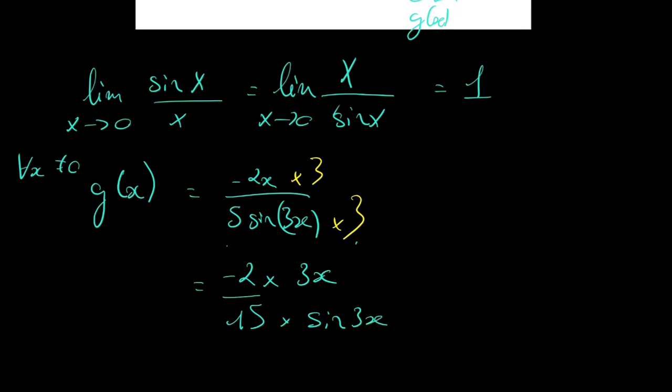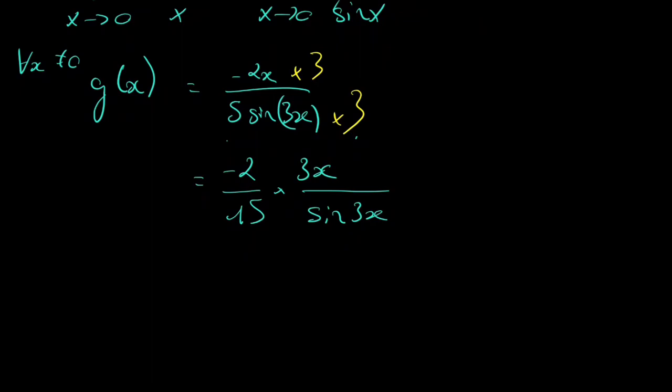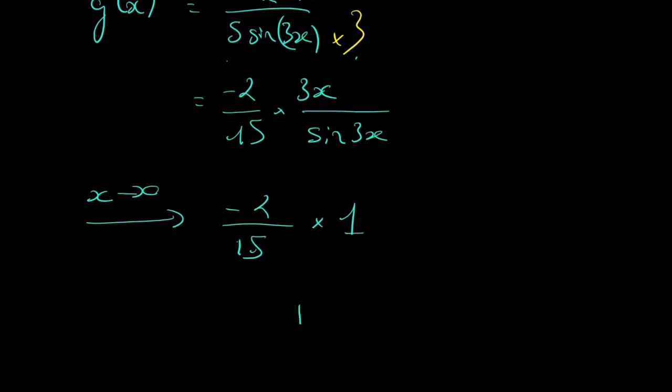We can write it like that to separate both, and we have this thing that will tend, when x tends to 0, to minus 2 over 15 still, times 1, and we have solved the exercise. B is equal to minus 2 over 15.